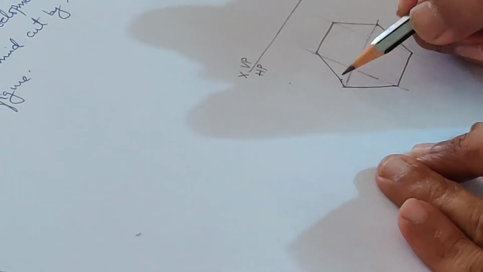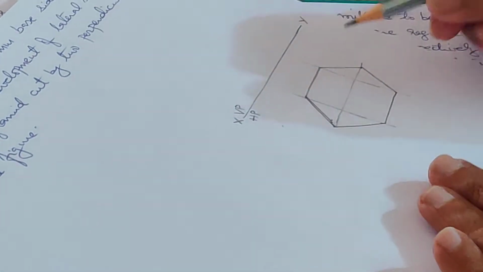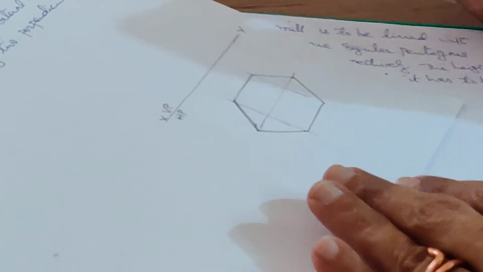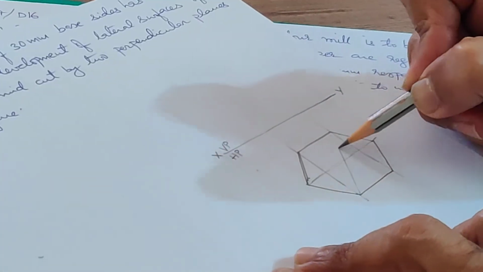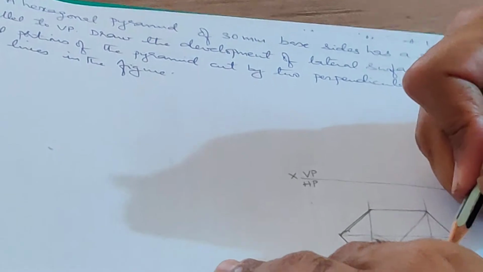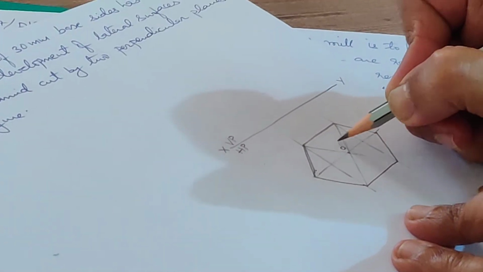Okay, so this is the hexagon with one edge parallel to XY. In fact, two edges are parallel to VP. Now let me draw the center. Let me find out the center for the pyramid. This is O1.